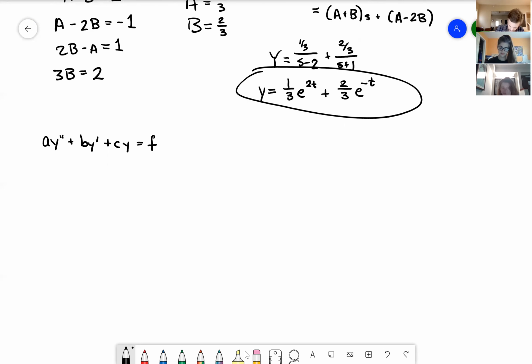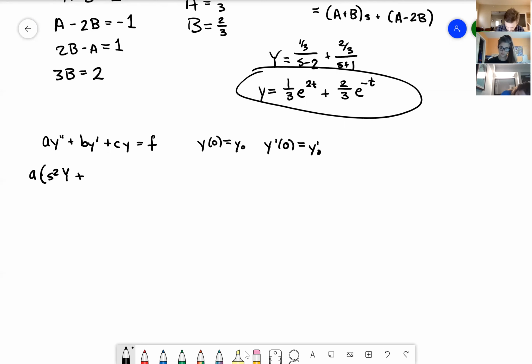If I take the Laplace transform of both sides, I get a times s squared Y plus, I should write out our initial conditions, arbitrary y(0) and y'(0).